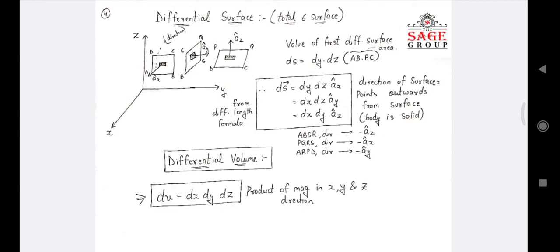Now that direction, how will you define it? What will be the unit vector? Whatever the direction of a surface points along, in whatever axis, that will be its unit vector.